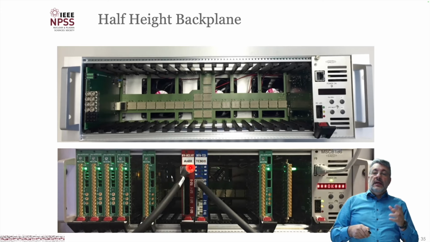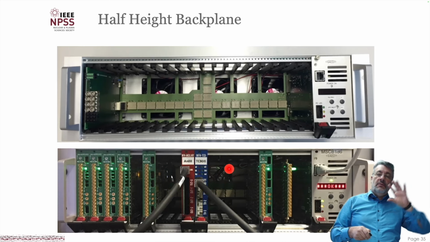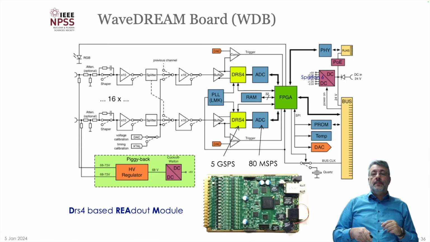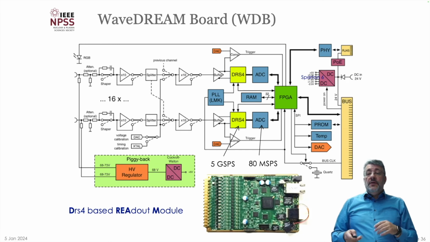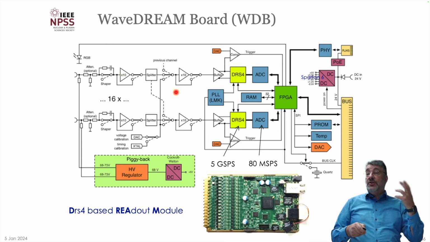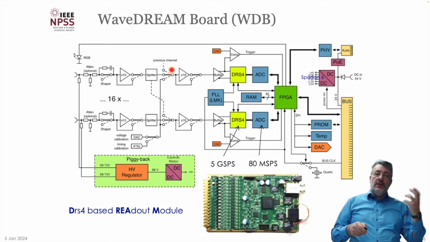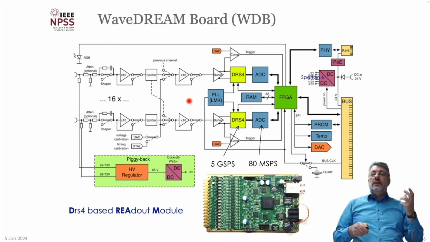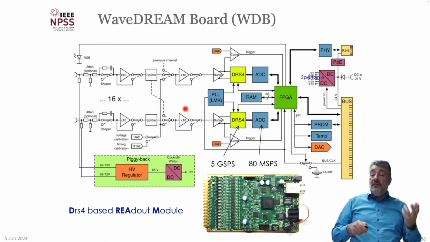We have here the data concentrator board, and we have the trigger concentrator board, which would be a topic of its own. The WaveStream board housing the DS4 chips you have seen already. So we have here some input amplifier which can actually sample signals from silicon PMs and amplify them with up to a gain of 100.